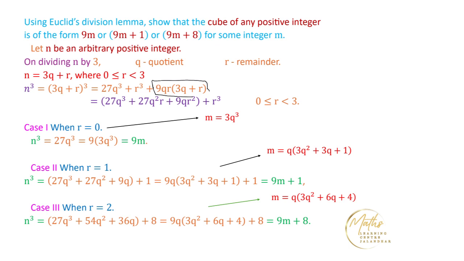So we have obtained these three values. If n is any arbitrary positive integer, then the cube of that number is either of the form 9m, or 9m plus 1, or 9m plus 8. And this is what we have to prove.